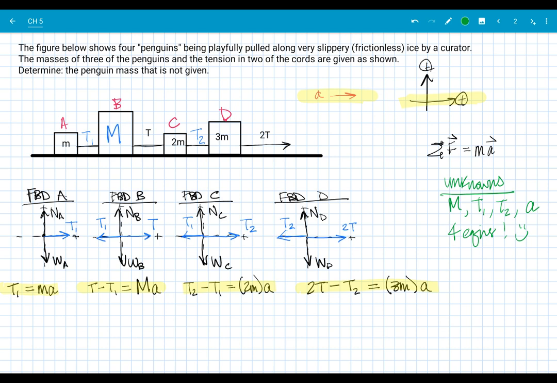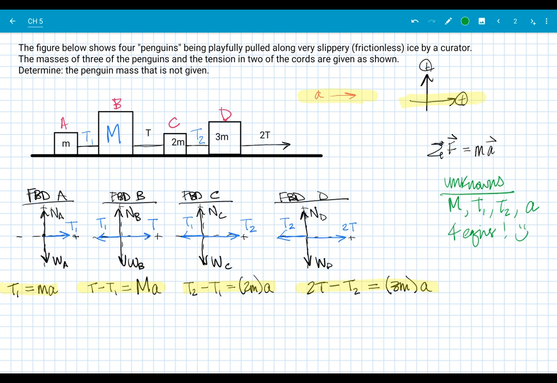I think it's always a good idea after you've rendered your equations to count unknowns and count equations and make sure that you're not just going to be wasting your time going in circles. If you have four unknowns and three equations, I don't care how good your algebra is, you're not going to be able to solve it. You just simply don't have enough information yet. So do that little bit of math, pause. How many unknowns do I have? How many equations do I have?